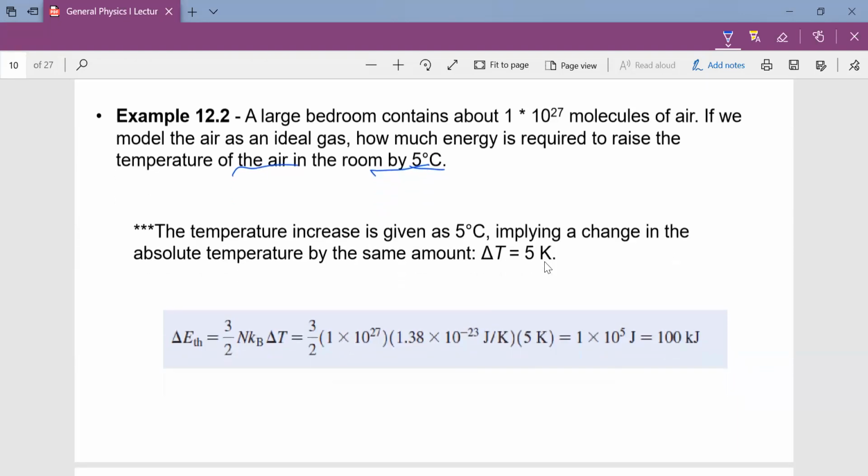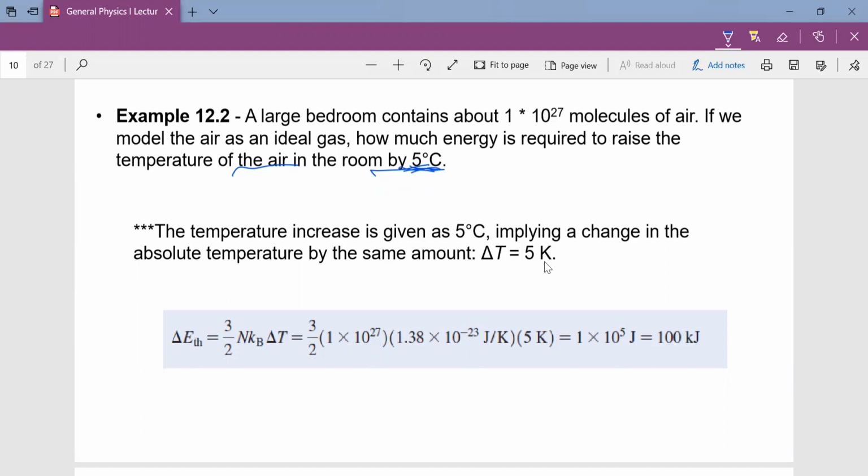Whenever we're doing thermal energy calculations or change in heat as it relates to thermodynamics, we have to make our temperature unit Kelvin. So whatever unit we are given that is not in Kelvin, we have to first convert into Kelvin. But from this question, we did not have to convert to Kelvin.